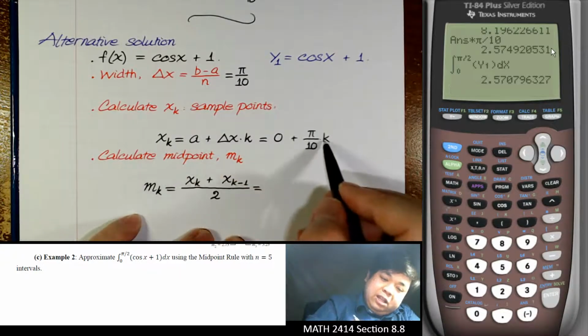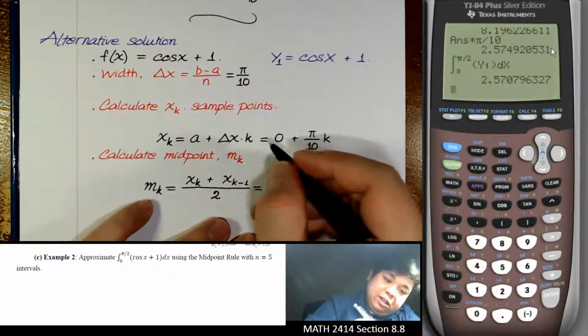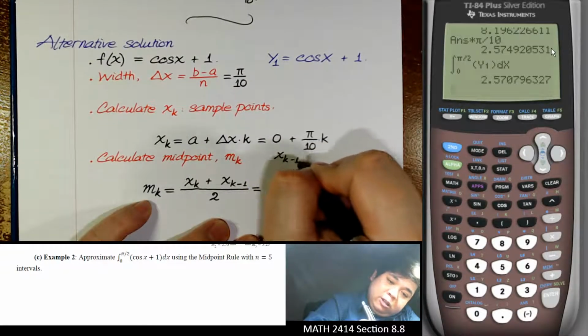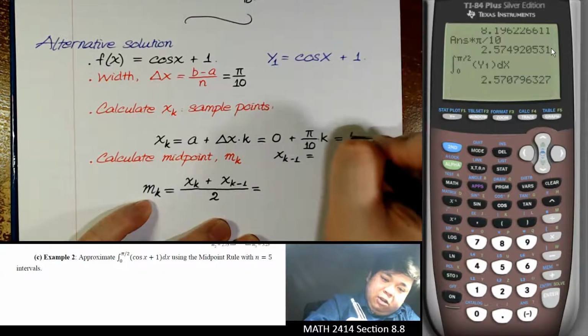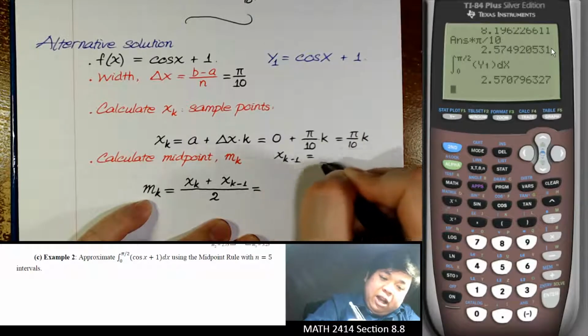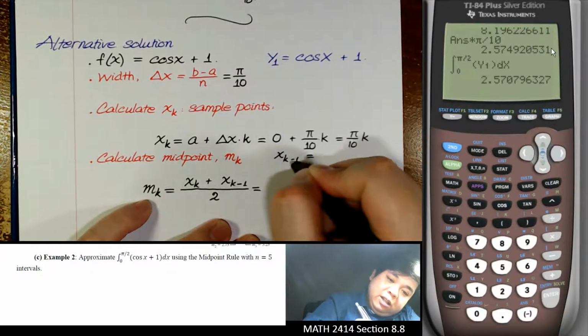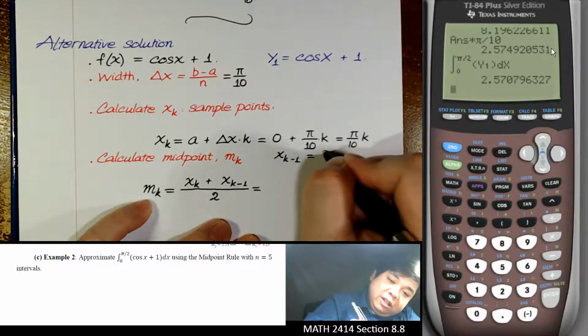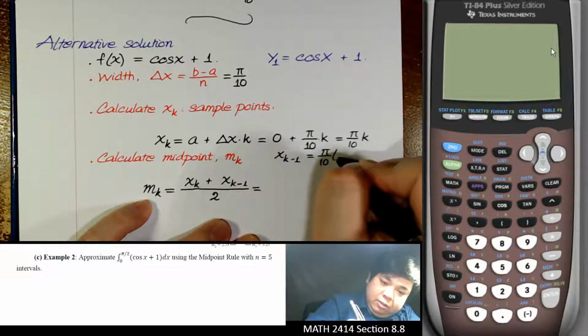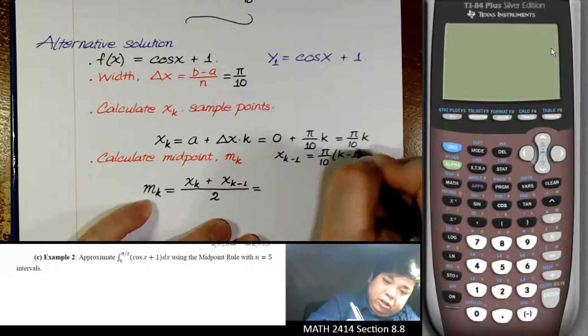So if xk is that, of course xk minus 1, by the way this is just pi over 10 k. So x of k minus 1 is, just put k minus 1 in here, pi over 10 times k minus 1.